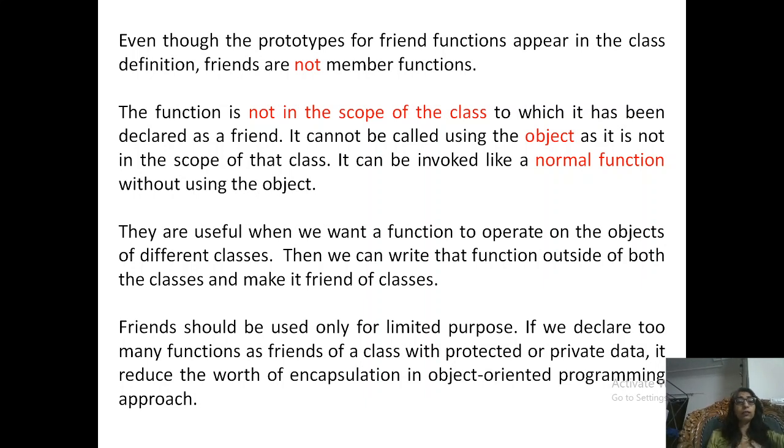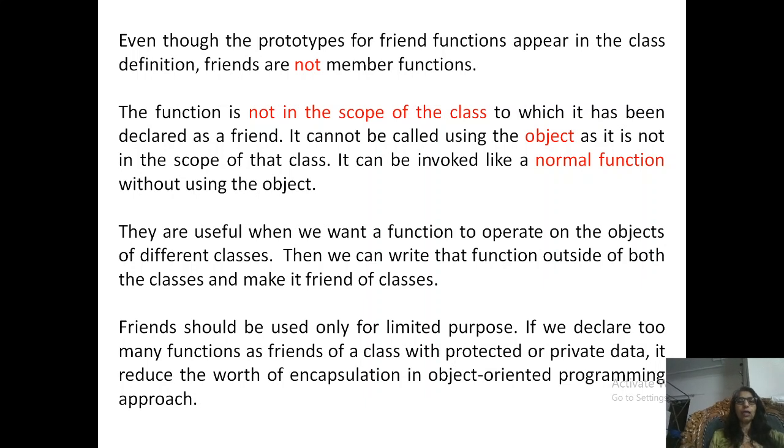They are useful when we want a function to operate on objects of different classes. These functions are useful when we want to use the data of a class outside the class, and we don't want to make that function a member function of the class. A special situation is when a function needs to use the data of different classes, like when we want to sum or add data members of two different classes.